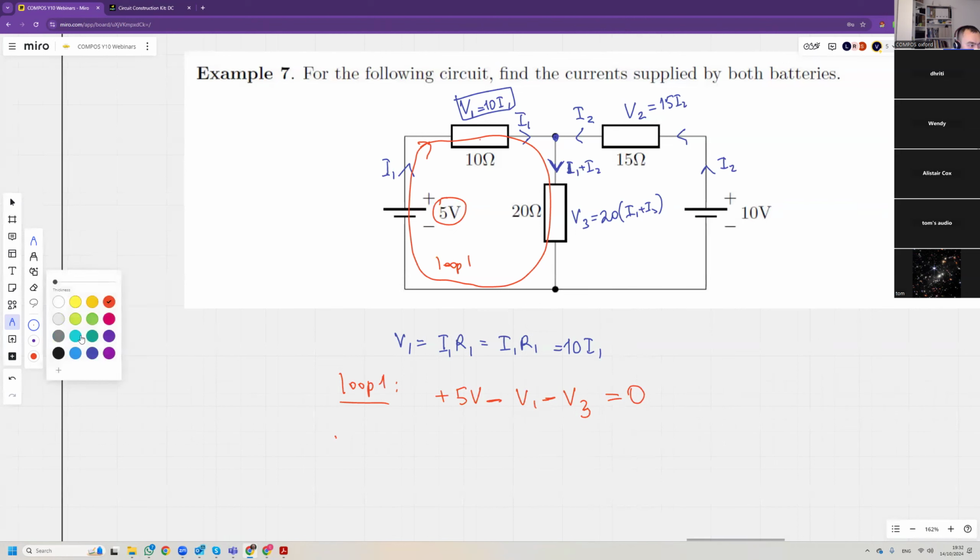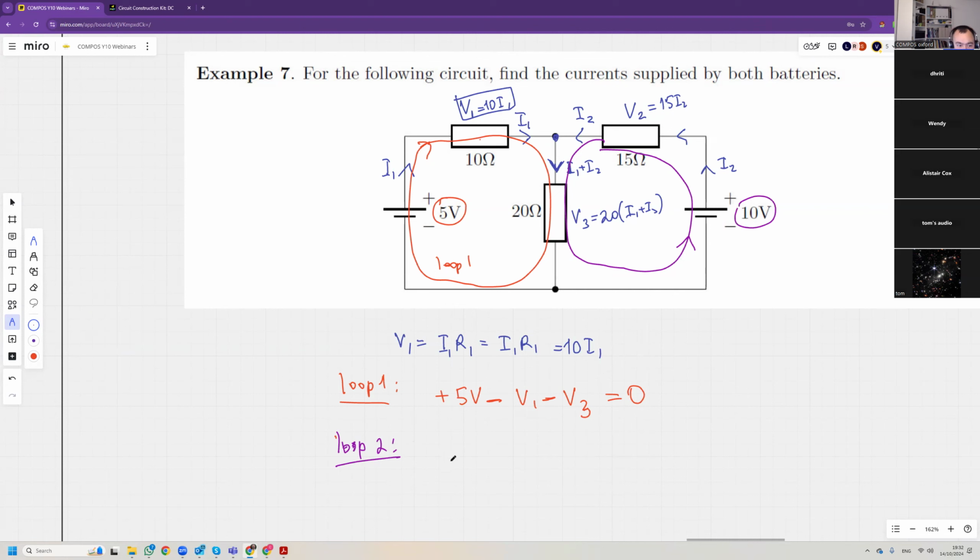Then we take loop 2. This is the voltage on the battery, so it's plus 10 volts, minus V2, and then minus V3. And that's also equal to 0.